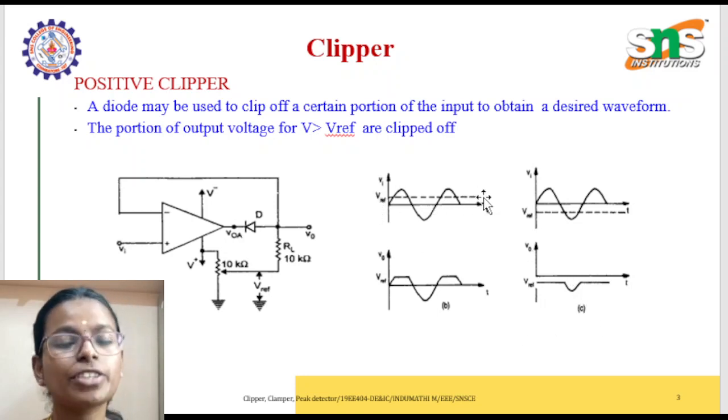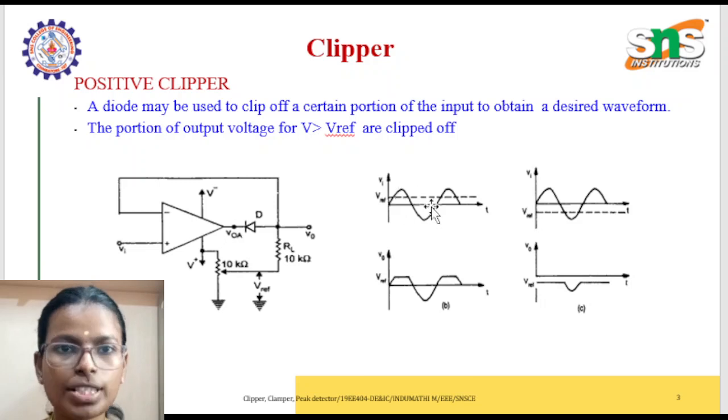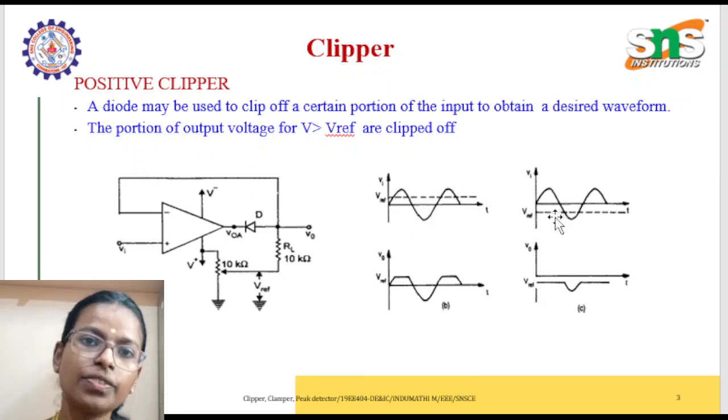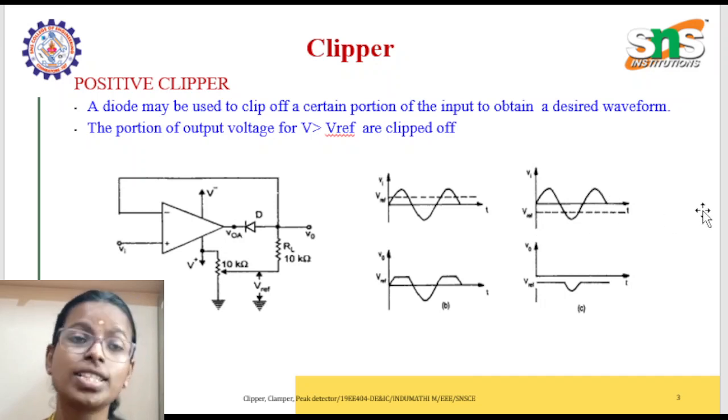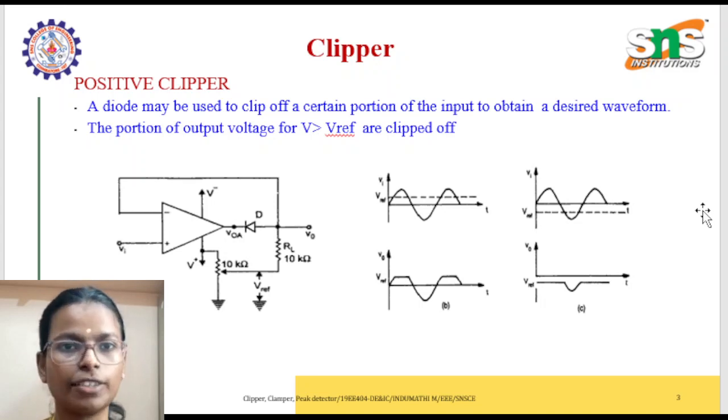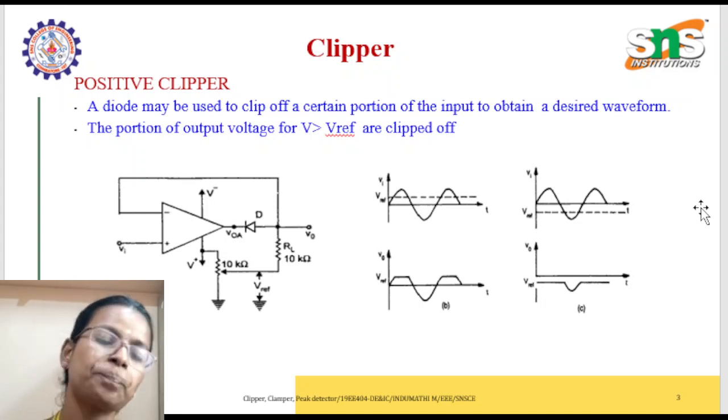When the V reference is positive, our positive waveforms get clipped. In the positive clipper with negative reference voltage, the positive waveforms also get clipped. So a positive clipper clips the positive cycle of the waveform. You can just remember it like that. Then your output will be like this.